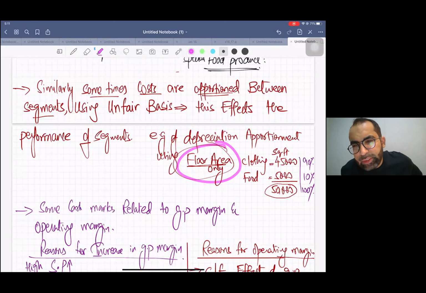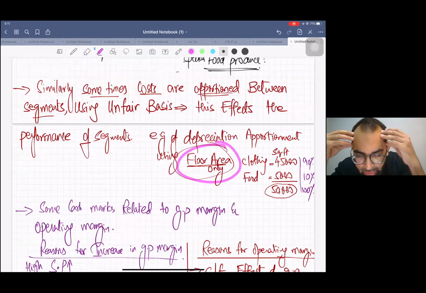Now you just think, sometimes you have to challenge the base, that the base is wrong, the base should be different. Like if you have studied F5 paper, ABC costing, just close your eyes and imagine a boutique. And then imagine a food shop. In a boutique, you will find shelves and furniture.